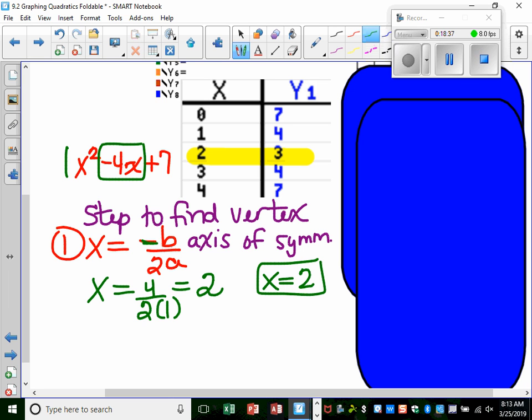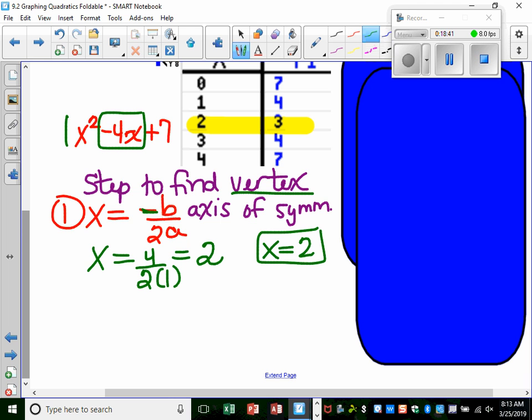Now, I'm asking you to also find the vertex. So now what you're going to do is simply use your calculator. Step 2: use calculator, type equation.